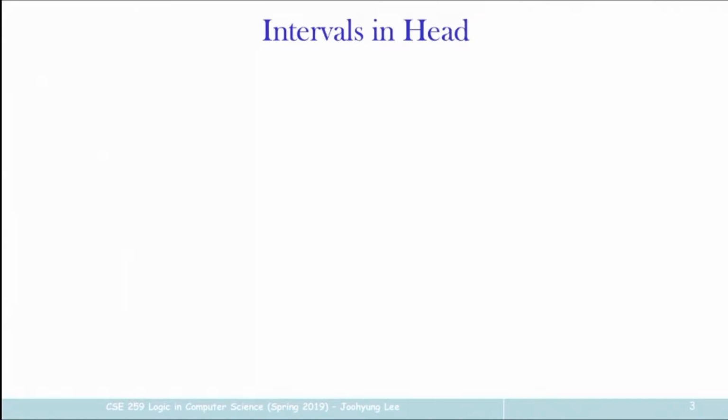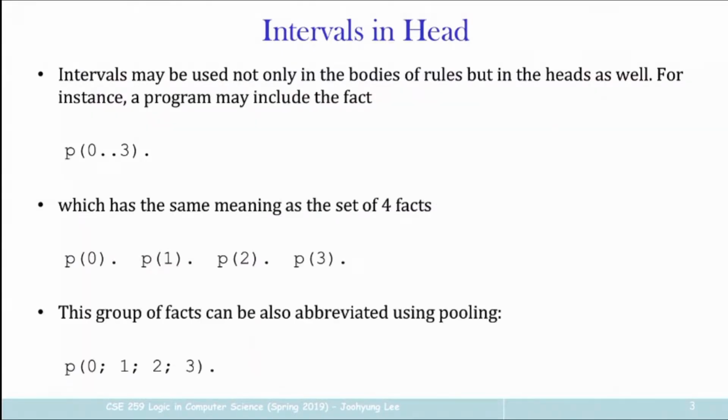Right. So this is what we were doing last time. How do we use intervals in the head? When you use intervals, you can abbreviate a lot of numbers. So instead of writing this lengthy way, you can shorten it.